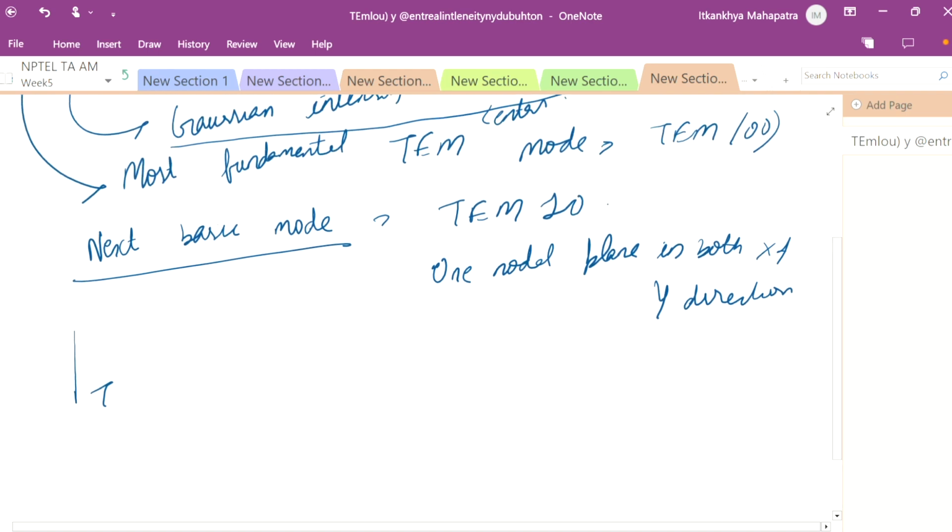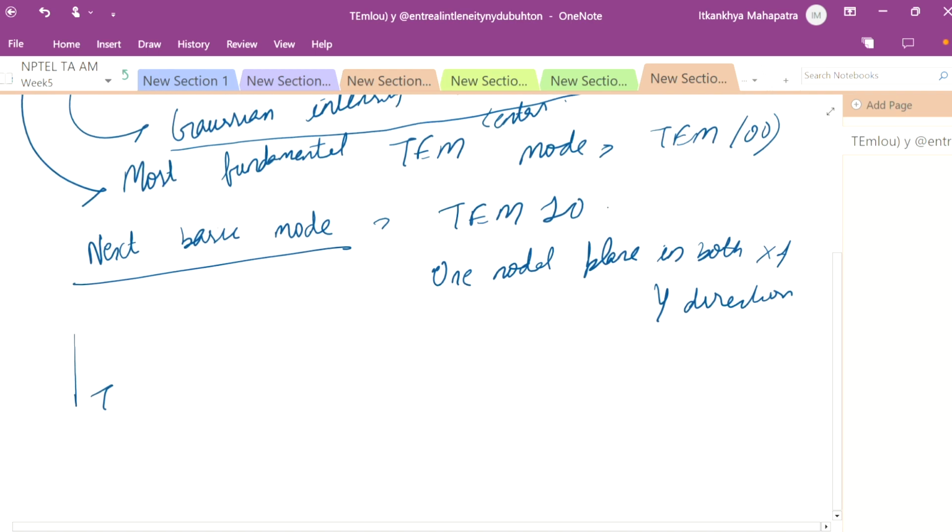So here in this question, as we see, the distribution is, I am not getting the exact TEM10 distribution name. Just 1 second, I'll check it.